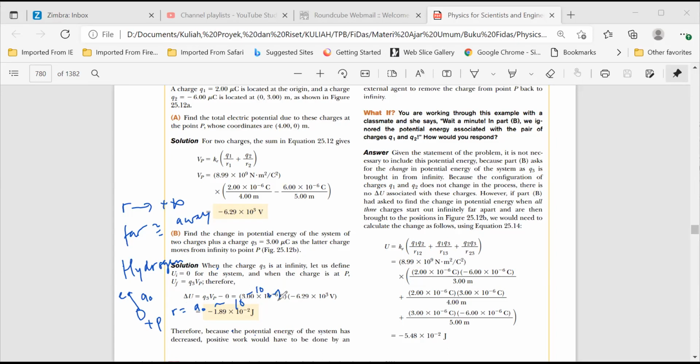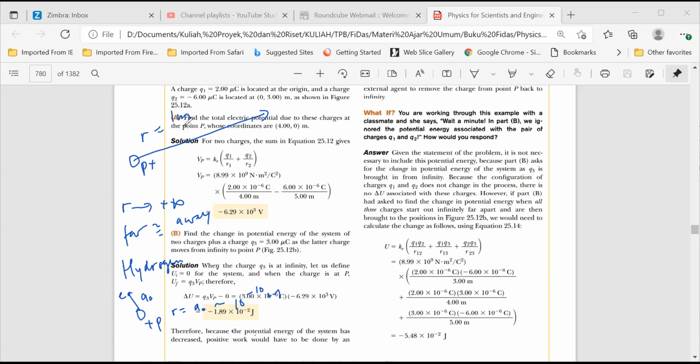We could also consider, for example, the influence of the proton at R equal to 1 meter.